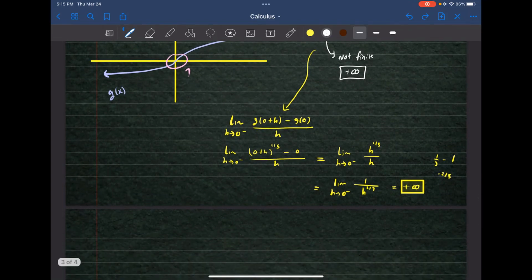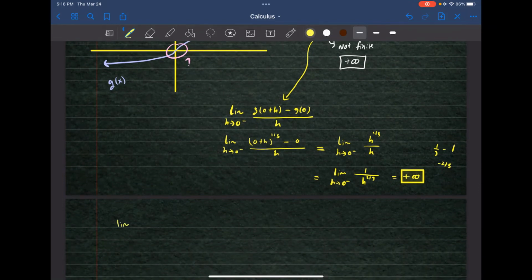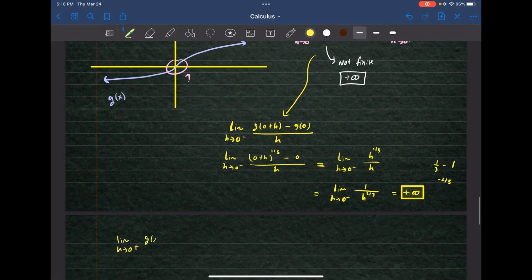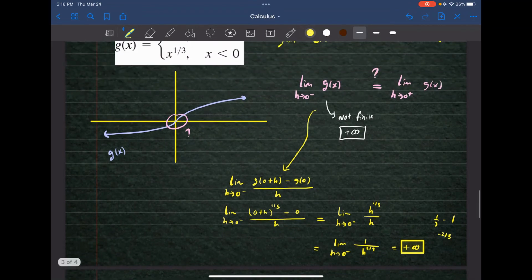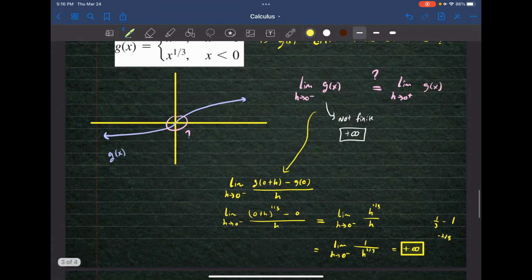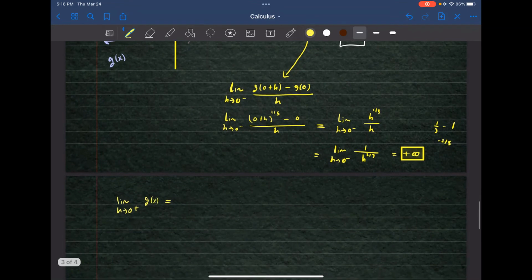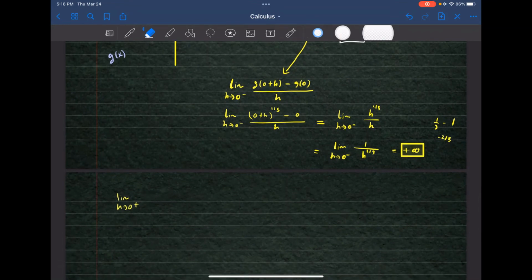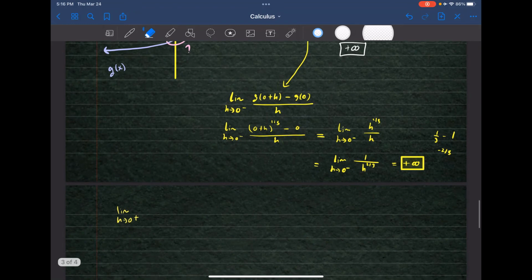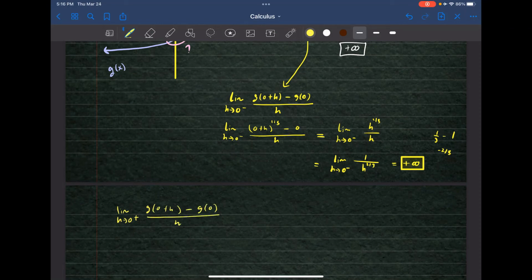Now let's go ahead and test out this one. So we are now looking at the limit as h approaches 0 from the right of this function g of x. So let's use the limit definition. We have the limit as h approaches 0 from the right, g of 0 plus h minus g of 0 all over h.